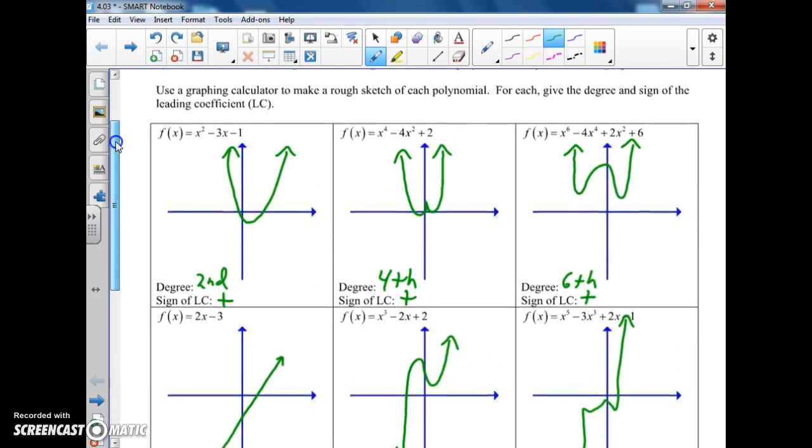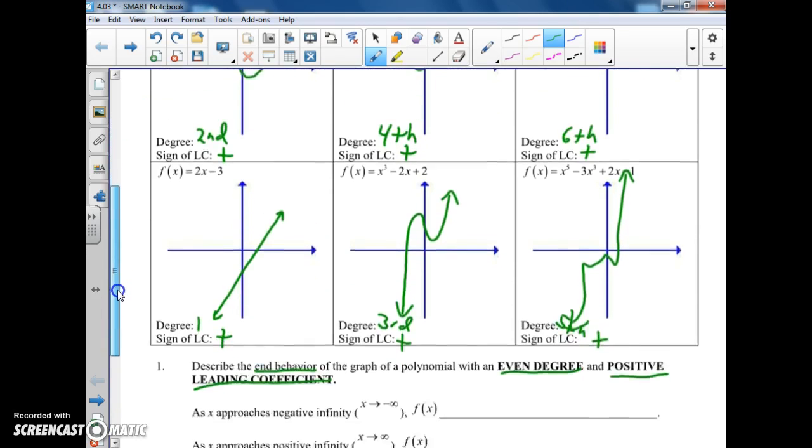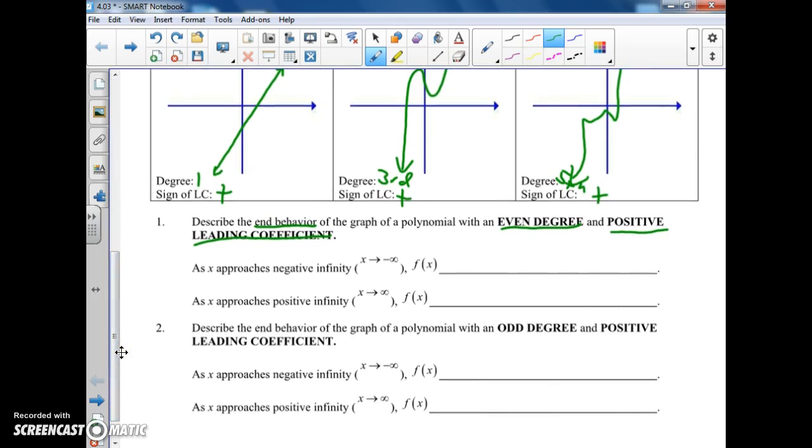As x goes to negative infinity, which way is the graph going? Or y going to? Positive infinity, right. As x goes to negative infinity, the graph goes to positive infinity. That's what this is saying right here.